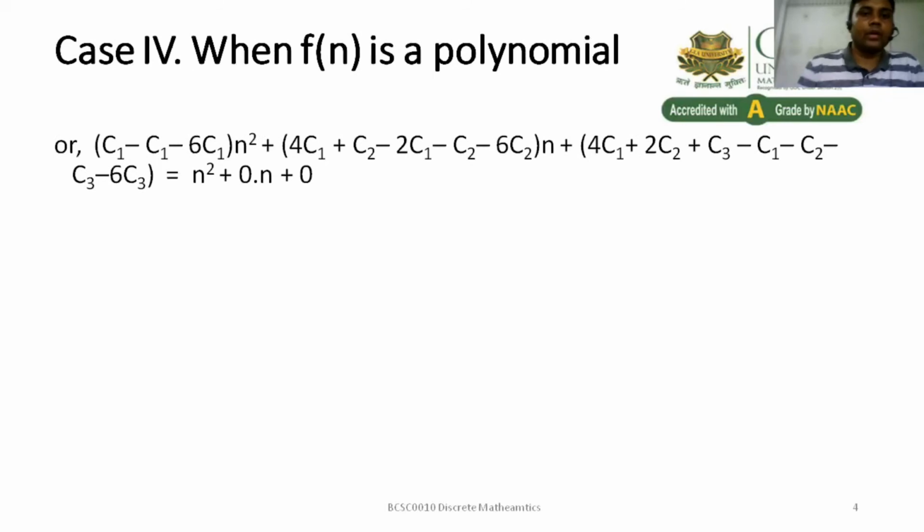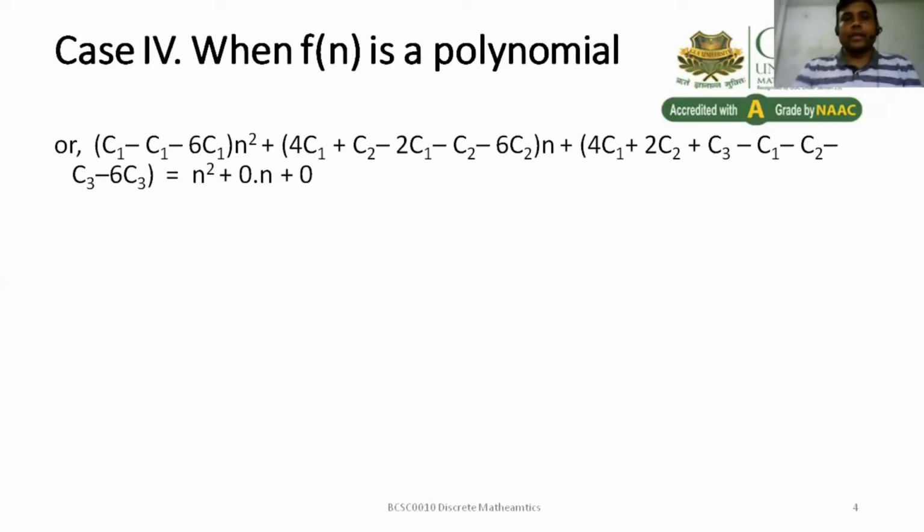We have collected all the terms of n^2, n and constant term. For n^2 we have got three terms: c1 minus c1 minus 6c1. For n we have got this term, and for the constant term we have got this one, and that will be equal to n^2 + 0n + 0. Okay, because n^2 can also be written as n^2 + 0n + 0.